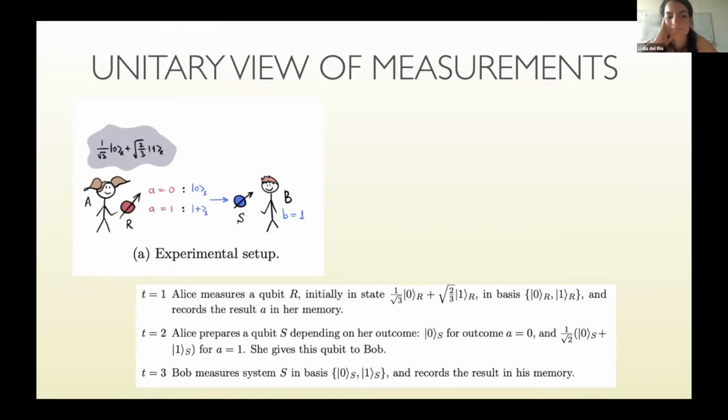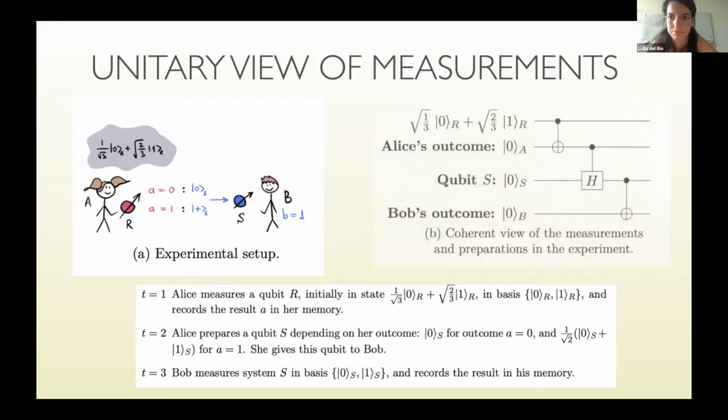If she observes outcome 0, she prepares a second qubit S in state 0. If she measures outcome 1, she prepares this qubit in state plus, which is 0 + 1. She gives this qubit to Bob, and Bob needs to measure it also in the Z basis. So far, a simple experiment.